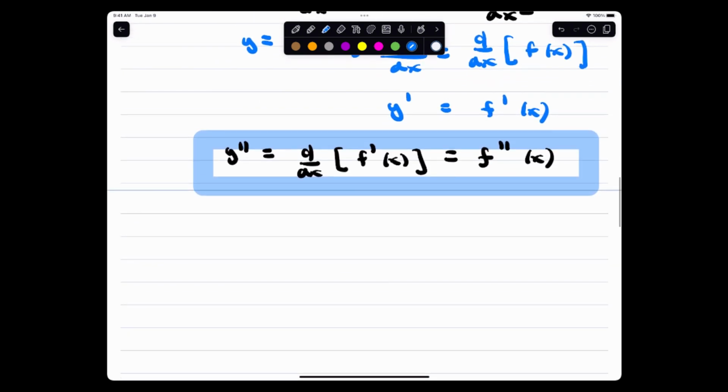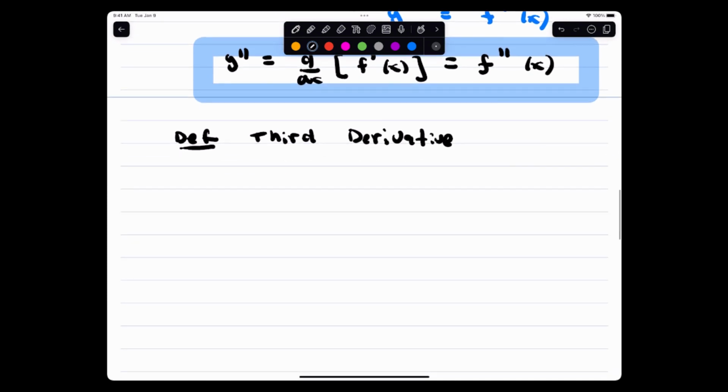Okay, and now you might say, what happens with the third derivative? Well, do it again. And so on. The third derivative is the derivative of the second derivative.